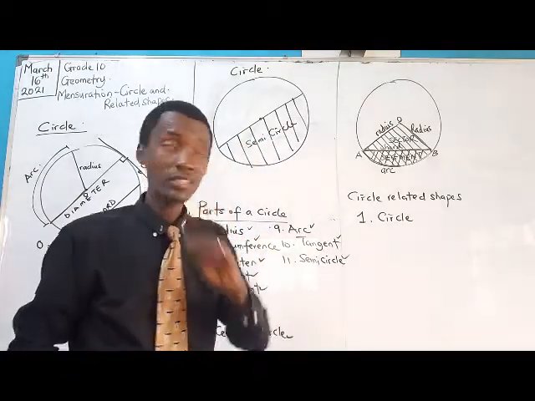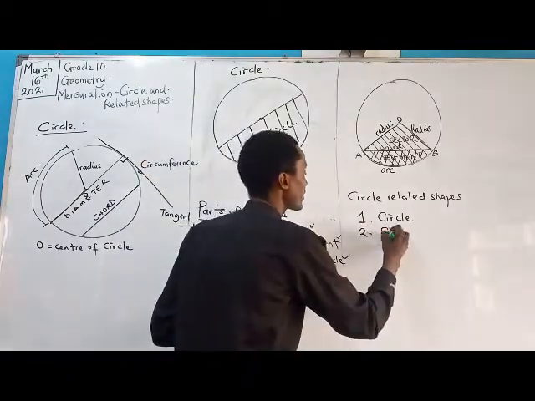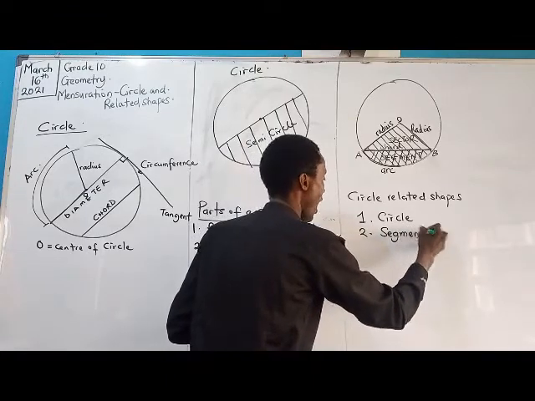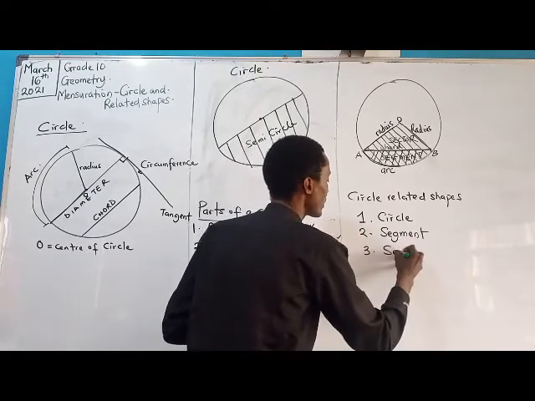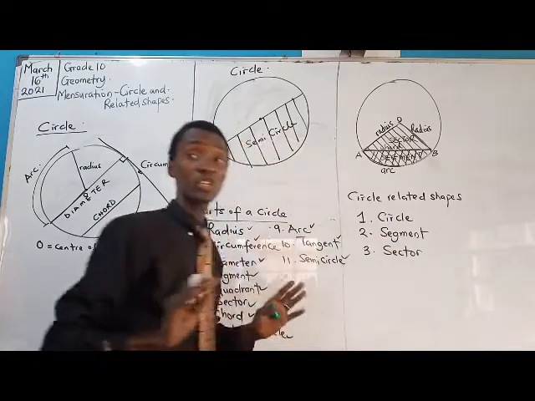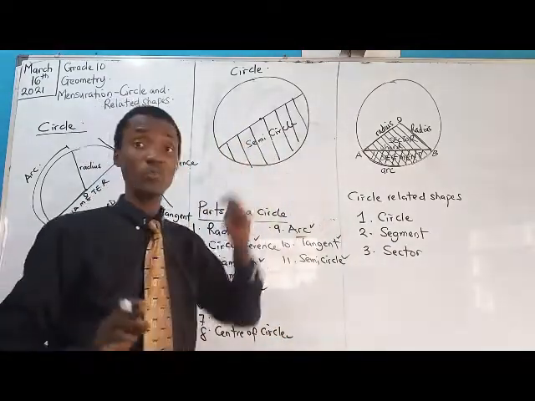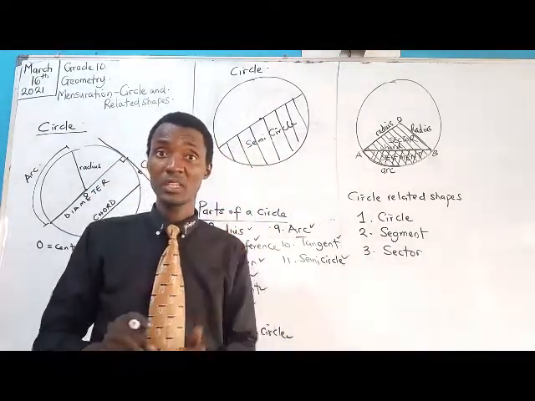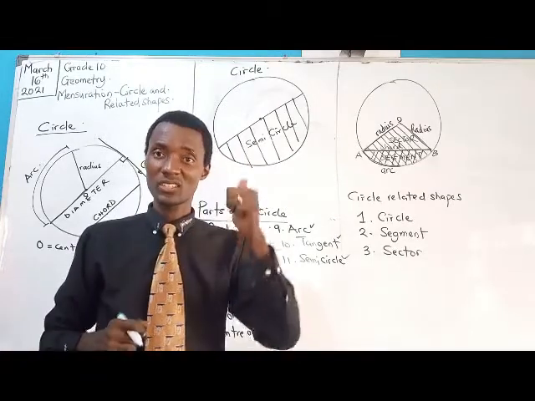The first one is a circle. The next one is a segment. And finally, the other one is a sector. So there are three major shapes you can consider when you talk about a circle: the circle, the segment, and the sector.